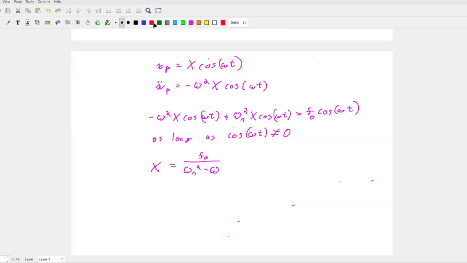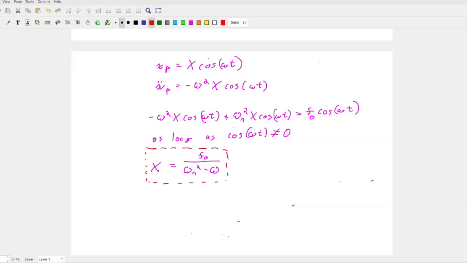And this is one of the things that if you don't write much down, write this down. That's the solution for the capital X above. All you need to know is the mass normalized amplitude of your forcing function, the frequency that your system naturally wants to oscillate at, omega n, and the frequency that you're forcing it at, omega.